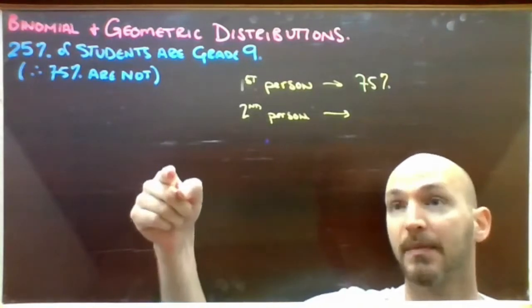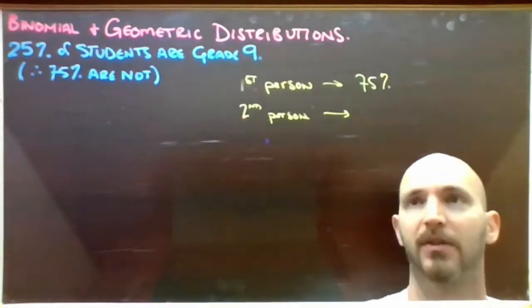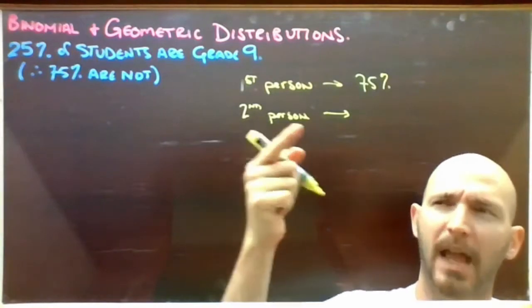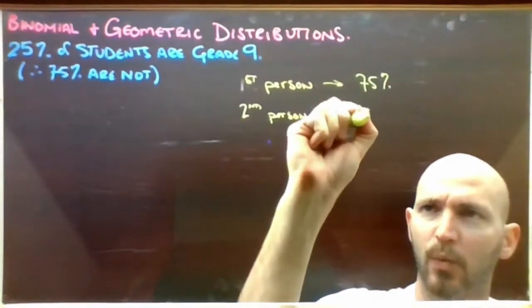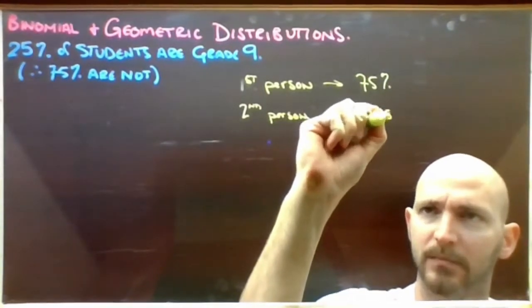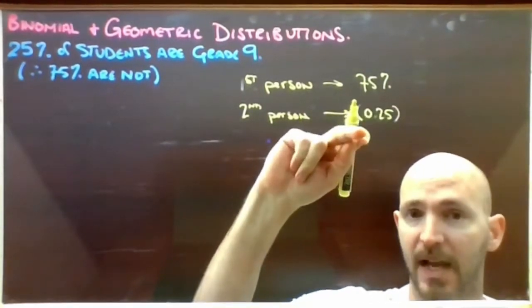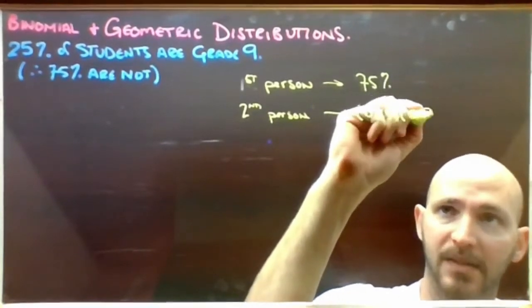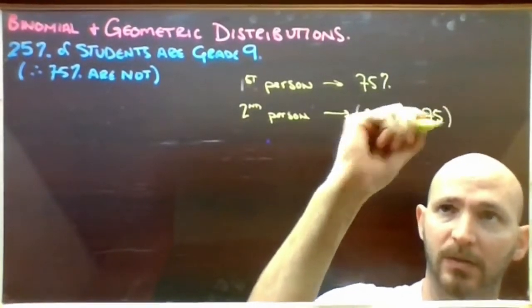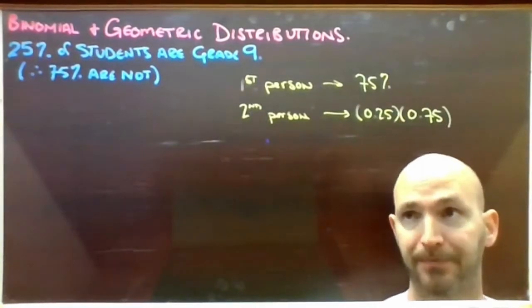And then I went to the next person, and that person was not in grade 9. So what had to have happened here is that I found someone who was in grade 9, 25% chance of that happening, and then found someone who was not on my second try.